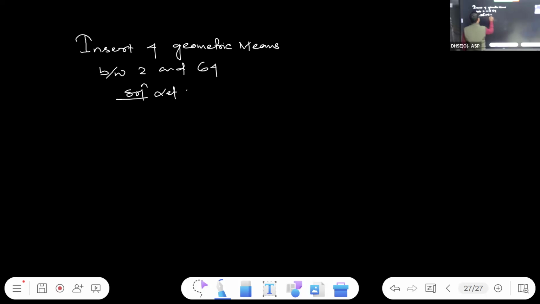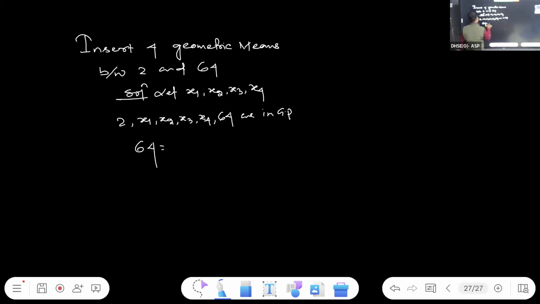Let X1, X2, X3, X4 be four geometric means between 2 and 64. Thus, 2, X1, X2, X3, X4, 64 are in GP. So 64 is equal to 2 into R to the power 5.